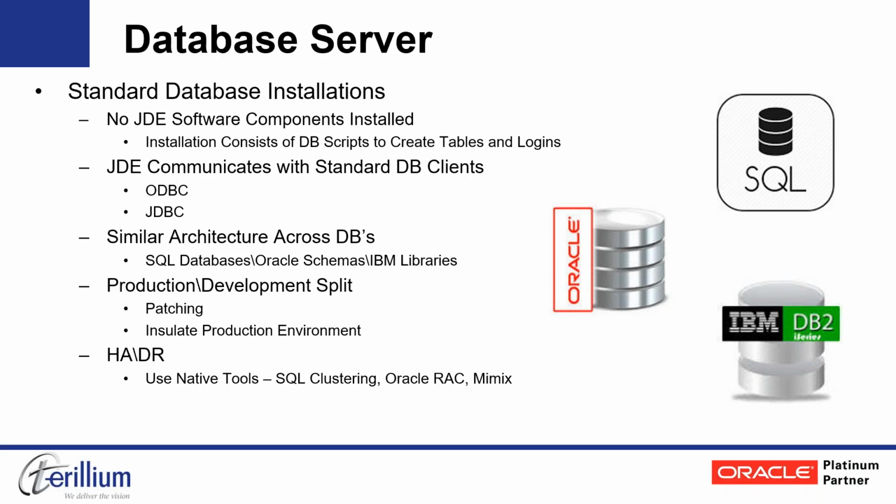So even though we're looking at vastly different databases, the way JD Edwards deals with them is all remarkably the same. Again, for HA and DR, since we have no real JD Edwards software on here, we're relying on the inherent native database tools to provide those solutions. So again, clustering, RAC, or the Mimix AS400 solution.